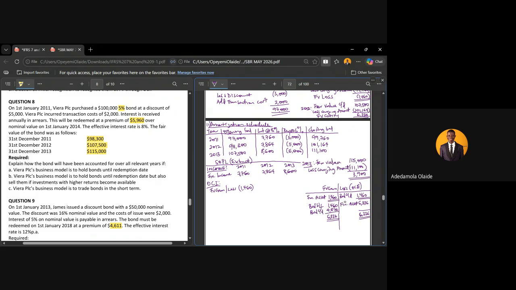This one that we have as financial asset now is what we'll take to our OCI. That's how much? 6336. Then in the next year, the balance brought forward will be here, 4876.